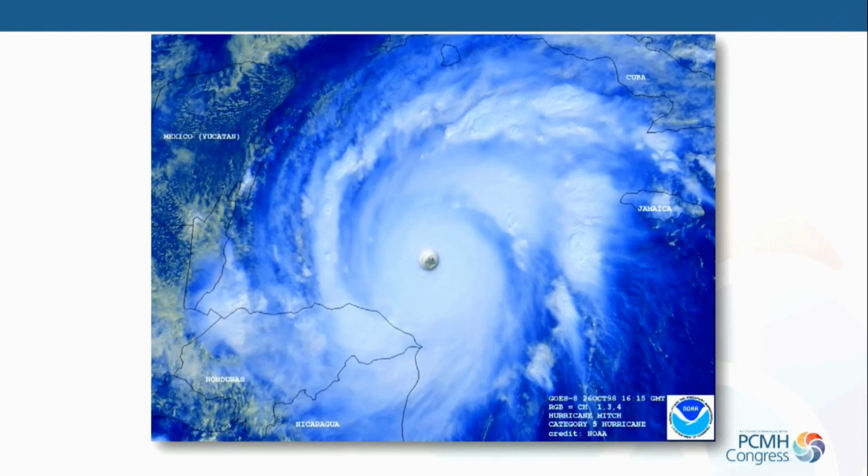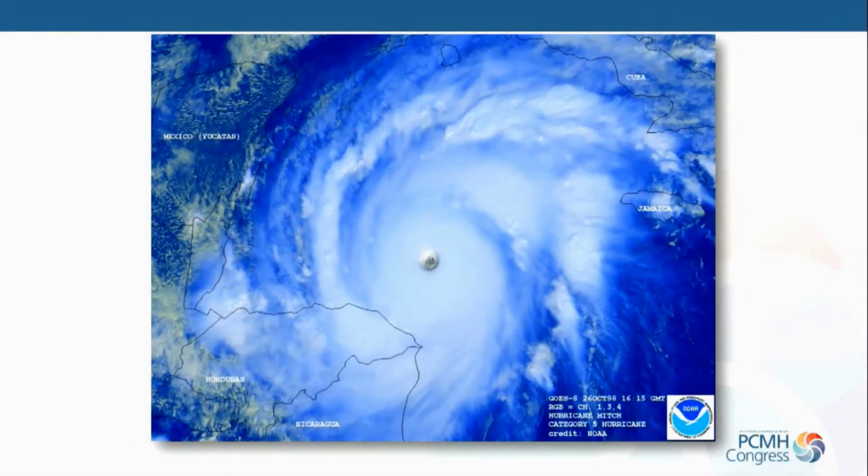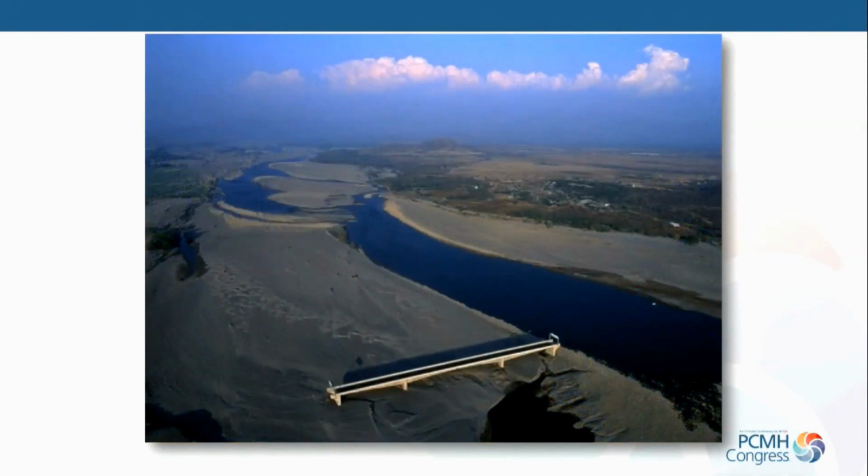Every single bridge in Honduras was either damaged or destroyed by Hurricane Mitch, except for one, in the little town of Choluteca. In Choluteca, the bridge was fine. The problem was that the river moved.